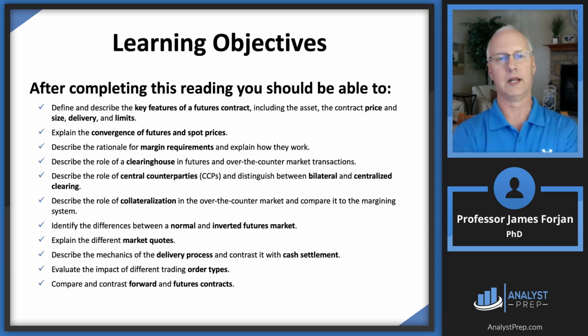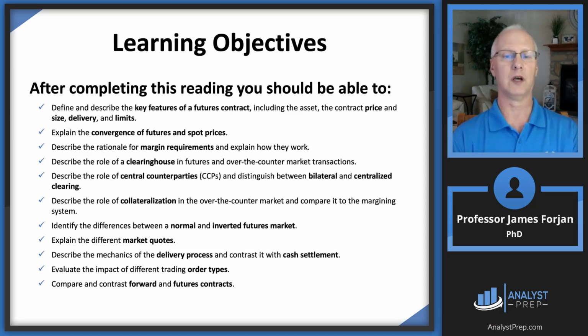Let's go ahead and look right at the learning objectives. We're going to look at the key features of a futures contract. We'll talk about convergence of futures and spot prices. This is really a cool concept. We'll do some margin discussions, kind of piggybacking on what we did back in Chapter 4. Talk about the clearinghouse and other central counterparties. Collateralization in the over-the-counter market.